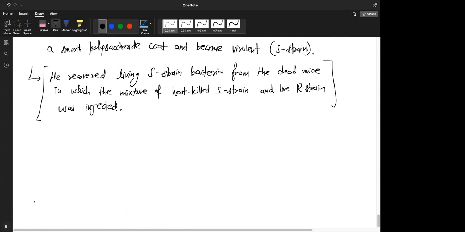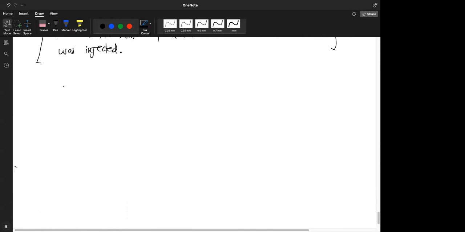Okay. But what was not clear from this experiment is, write down. What was the drawback? Loopholes are not the right word.